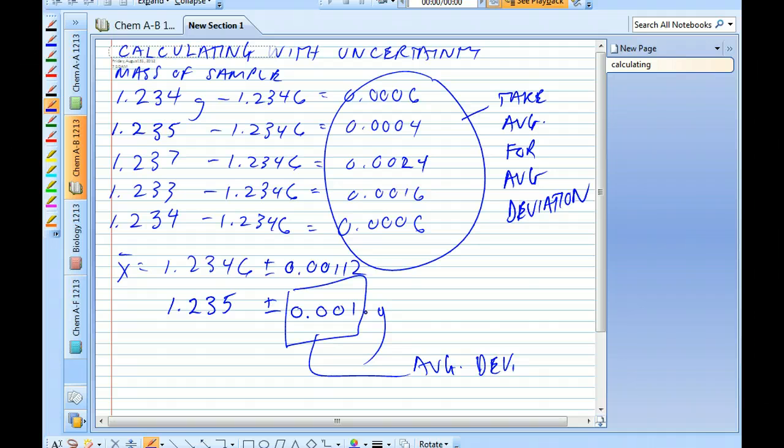What this does is it says it's more likely that the true value is in this range. It kind of excludes the data points that are more outliers. Okay? So it's a little more realistic. The standard deviation is much more similar to this than to the maximum deviation method. It's just a different kind of an average.